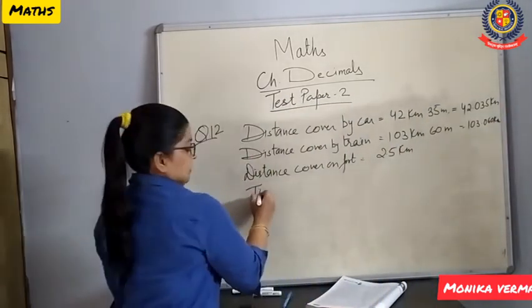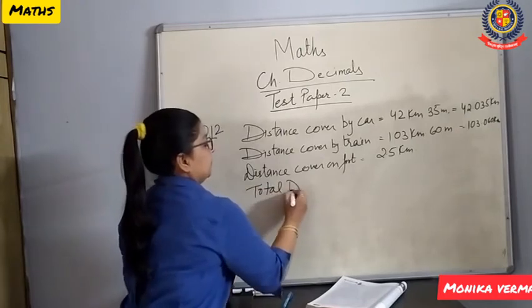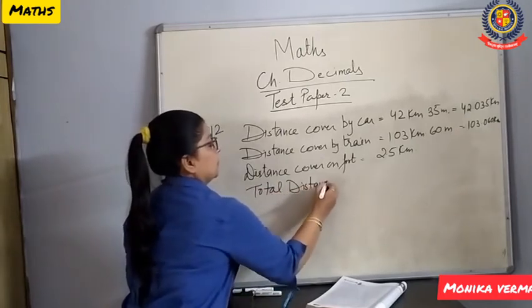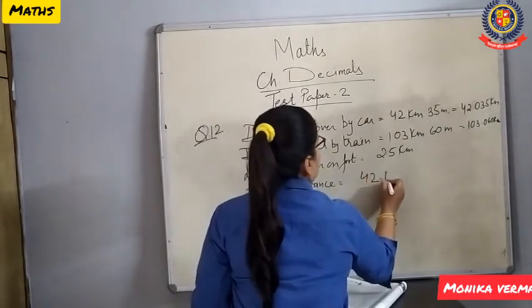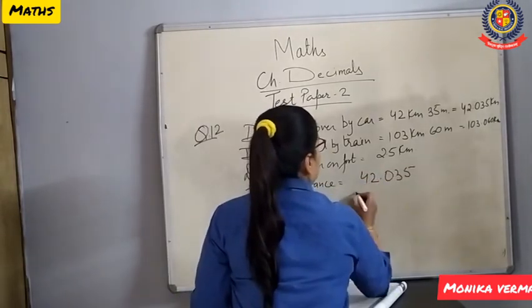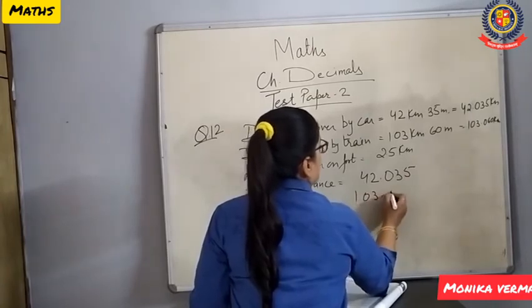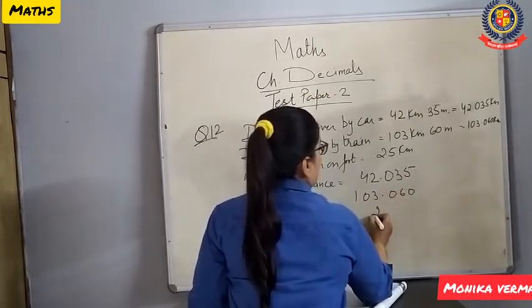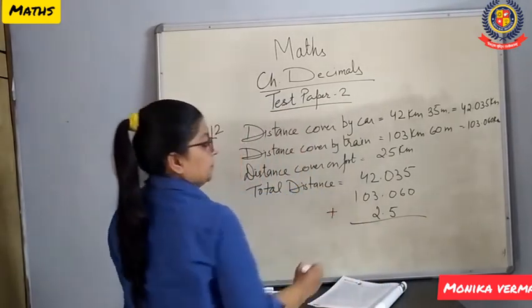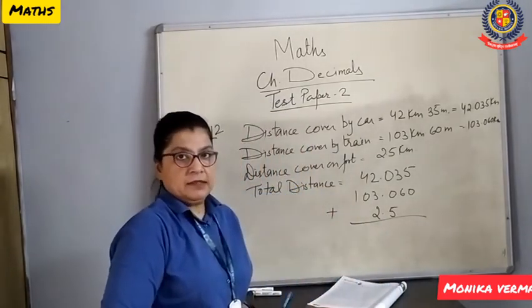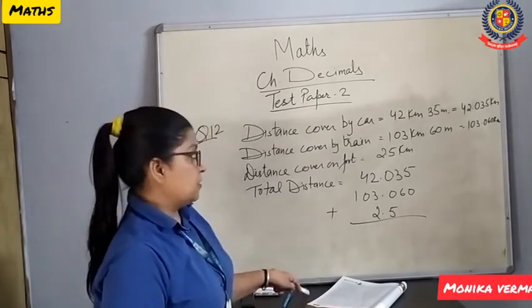So total distance: 42.035, 103.060, 2.5. We have to add them and then we will get the answer. So you can complete it yourself here.